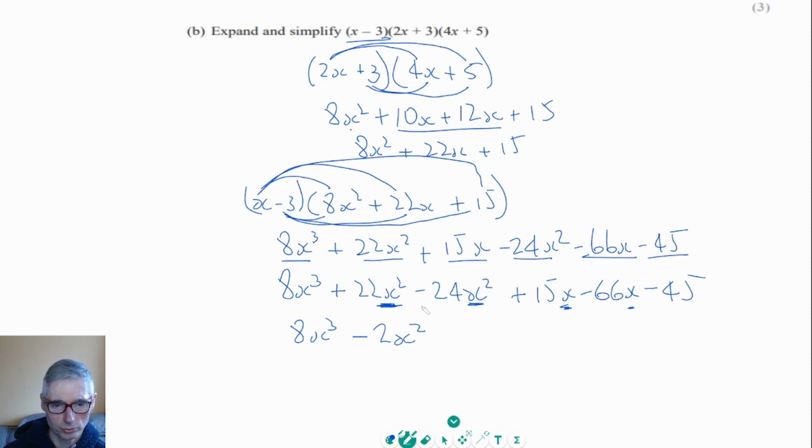So 22 take away 24 takes us into negative. Then we've got 15x take away 66x, so that is going to give me minus 51x. And then we've got just the minus 45, and there's nothing to do with that because there's no other numeric terms there. And that's it.